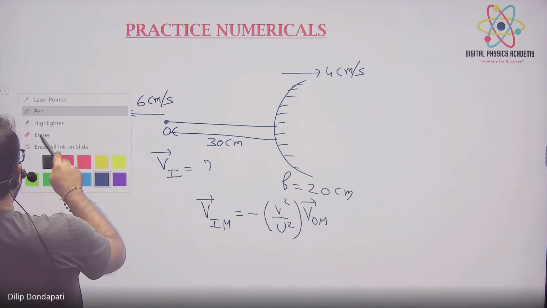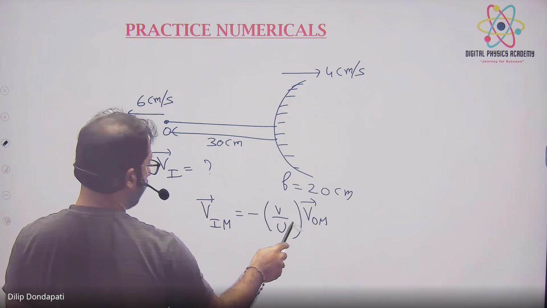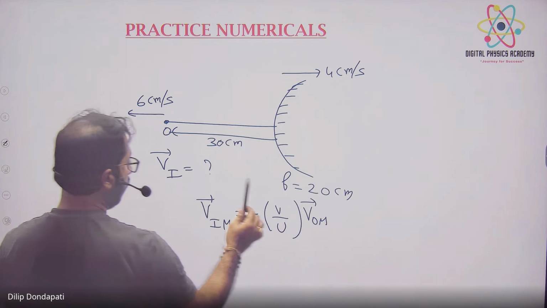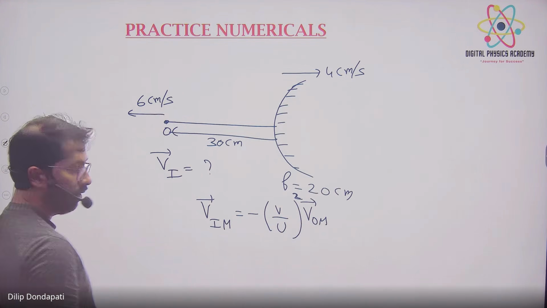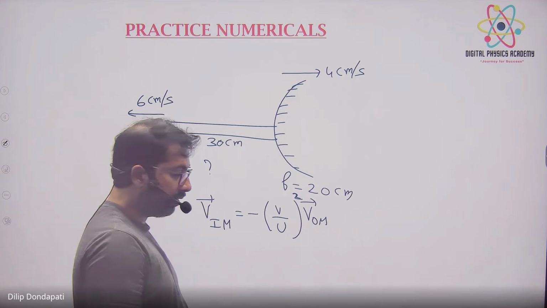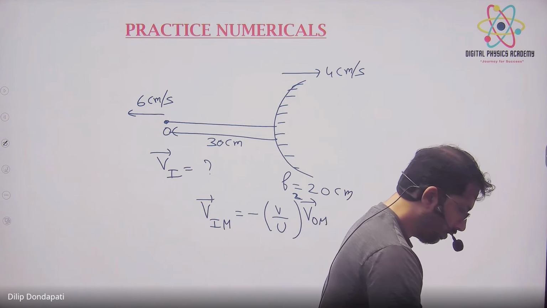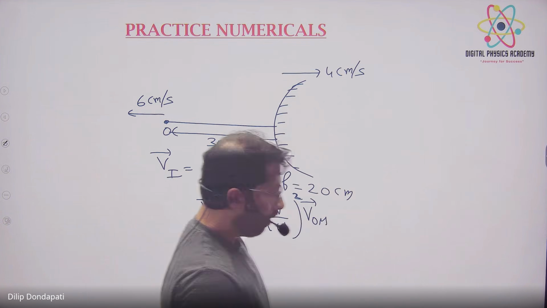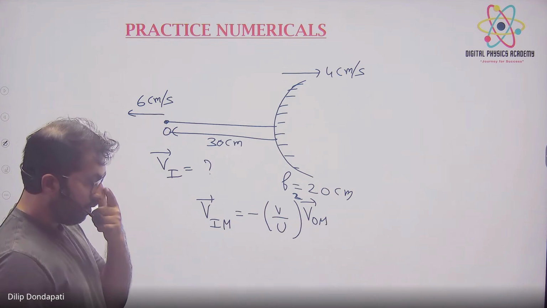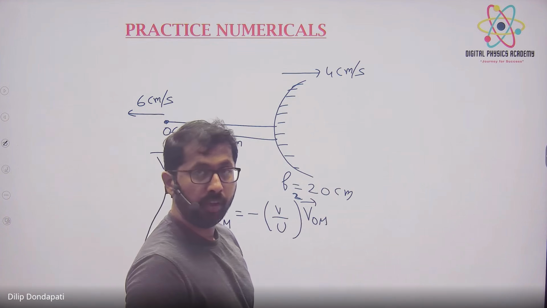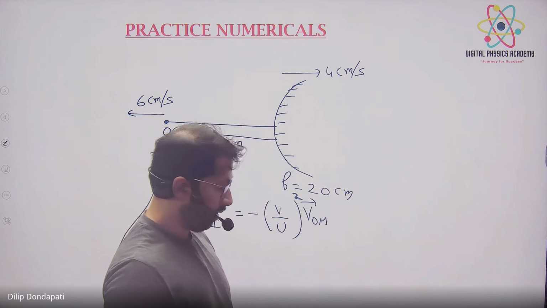Whole square that is right. Sign conventions properly use करो. 5.6. Yes, correct. 5.6 centimeters per second. Perfect.